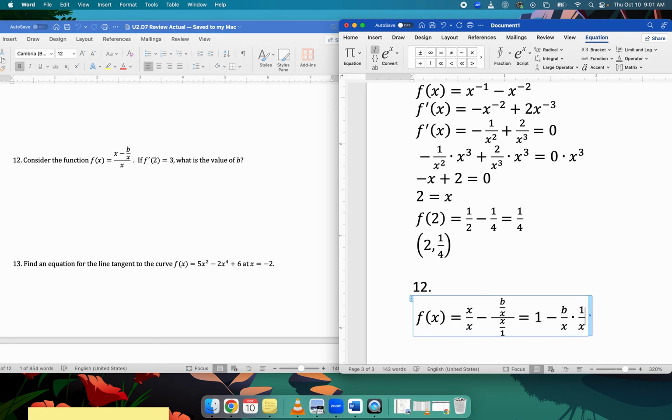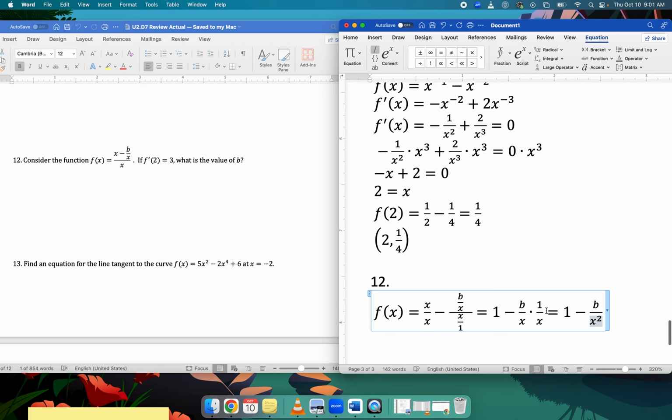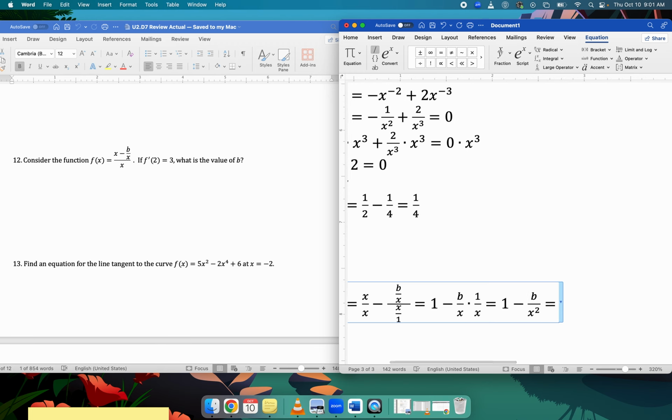However you see it, you get b over x times 1 over x. If you thought that those x's were going to cancel, they do not. They do not cancel. You find the function, therefore, is equal to 1 minus b over x squared. And remember, I'm trying to find the derivative of this thing, so I need to still rewrite it more.